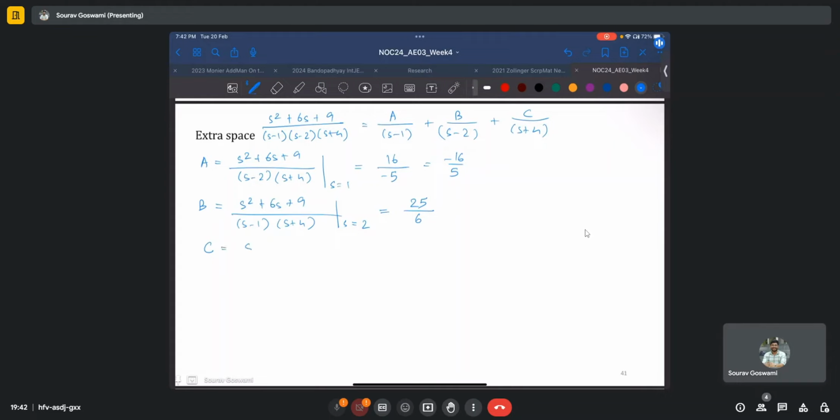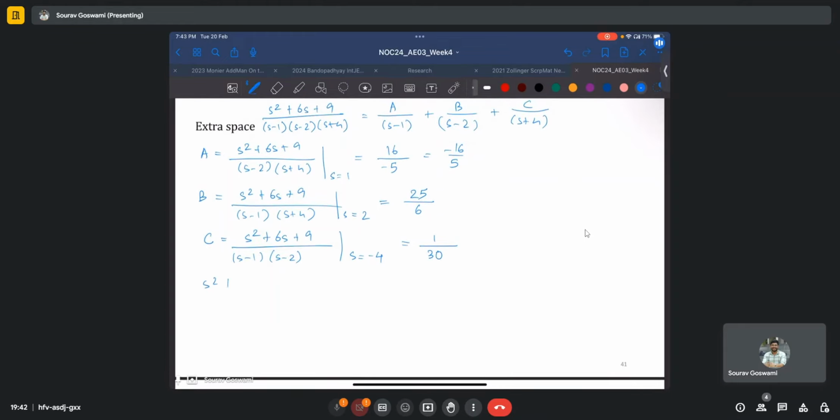And C is equal to s square plus 6s plus 9 by (s minus 1)(s minus 2) computed at s equals minus 4. This is 16 minus 24 plus 9, 1, by minus 5 times minus 6, 30.